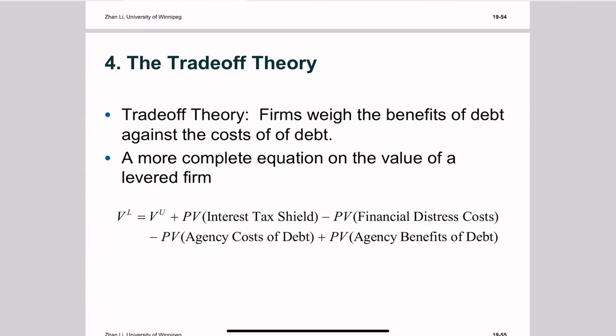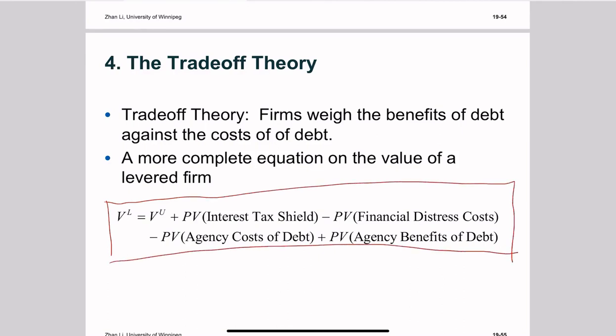So basically, trade-off theory says firms will consider the trade-off between benefits and costs of debt and choose the level of debt optimally. If we include all these costs and benefits, then MM proposition 1 can actually be extended like this, right?